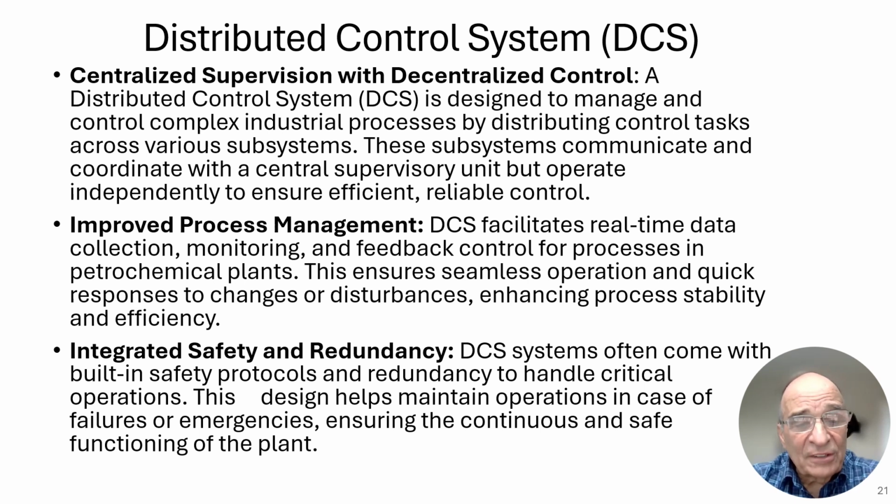Integrated safety and redundancy. DCS systems often come with built-in safety protocols and redundancy to handle critical operations. This helps to maintain operations in case of failures or emergencies and continuously provides safe and functional plant operations.